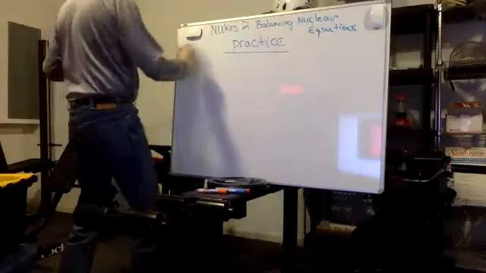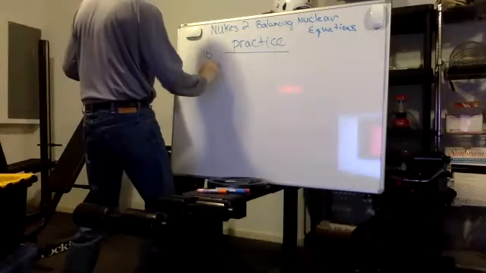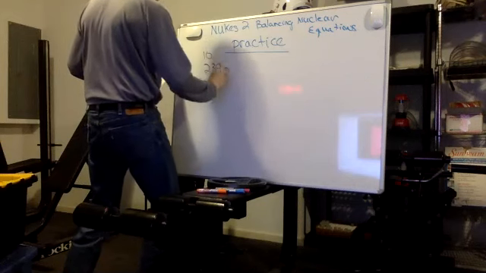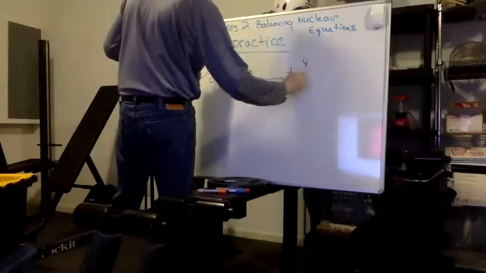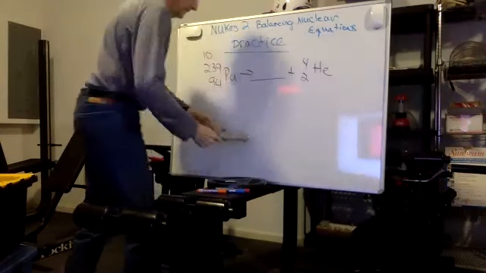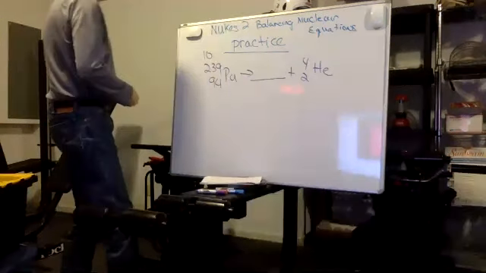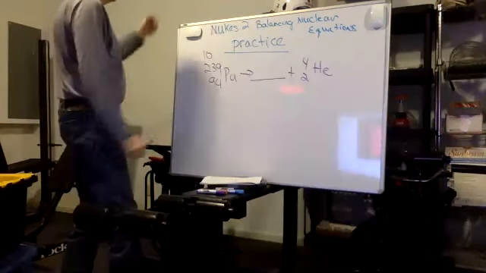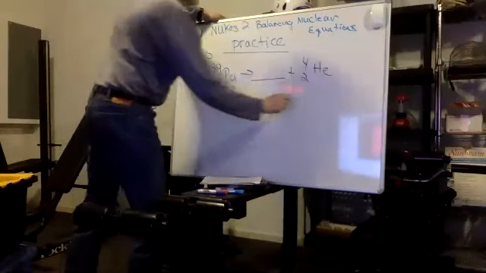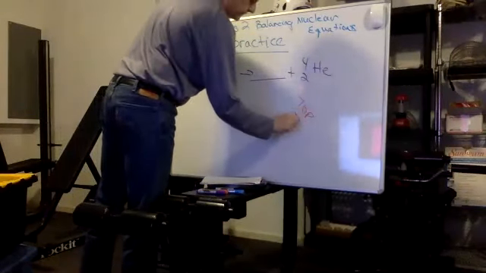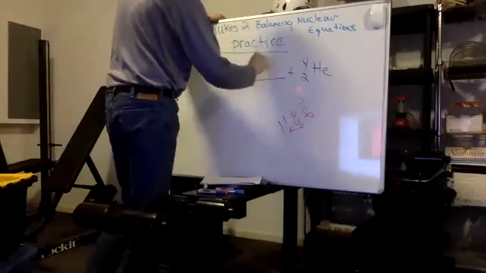Number 10. 239. So let's see here. Single particle on the right. So we're going to take that top, that 239. We're going to subtract out that 4, and we're going to get 235 on top.